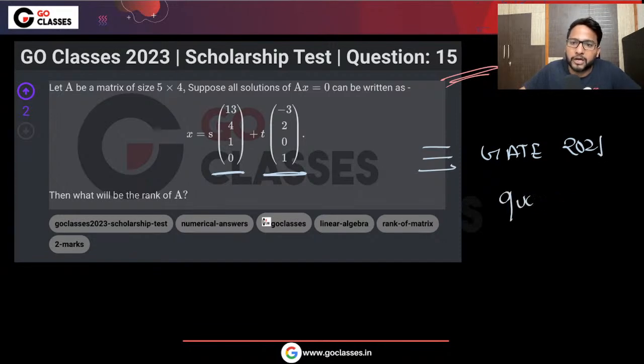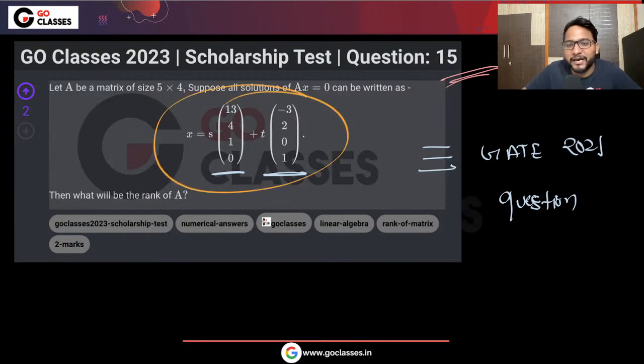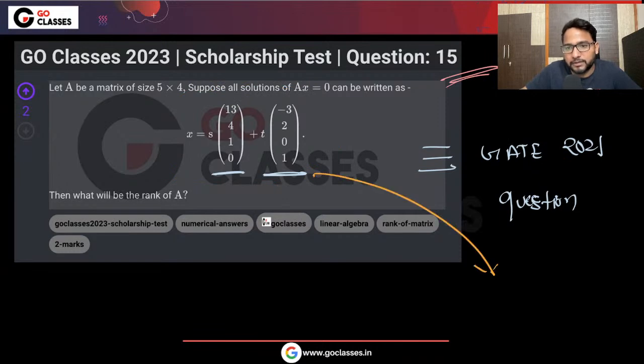So now, if I just ask you what is the answer here, can you tell me the answer? See, you are having this parametric form. It means that you are having 2 free variables, x3 and x4, right?